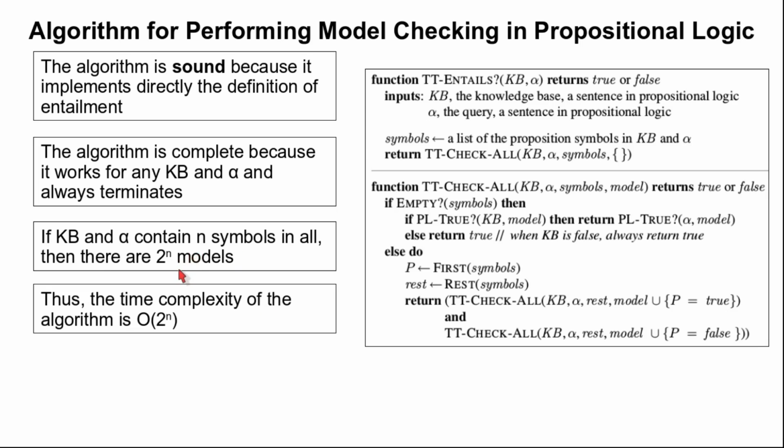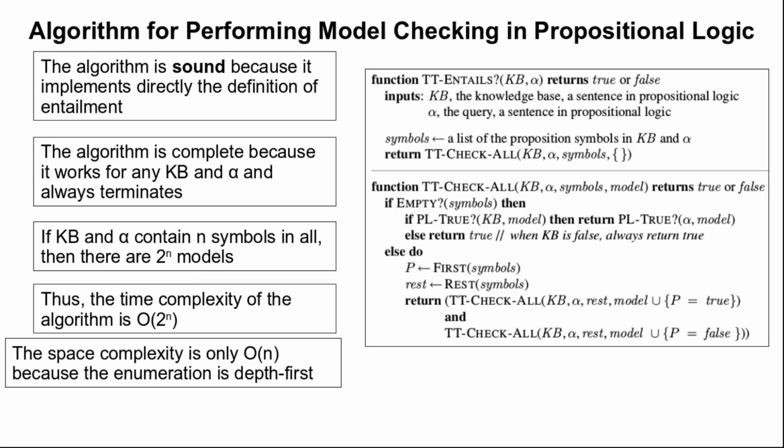Thus the time complexity of the algorithm is big O of 2 to the power n. The space complexity is big O of n because we go in a depth first order. So we proceed along one path, and once we complete the path, then only we proceed to the next path. So the space complexity is big O of n.